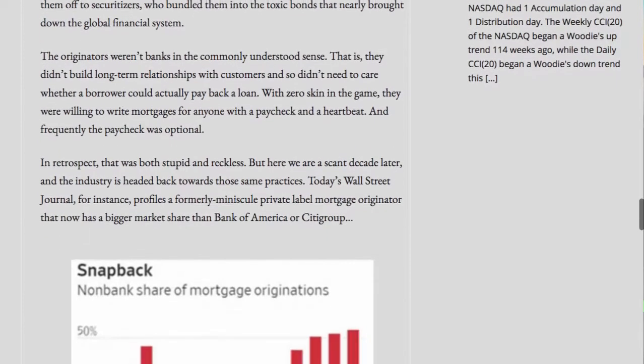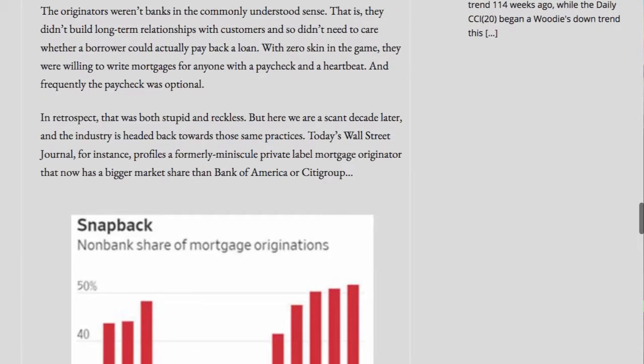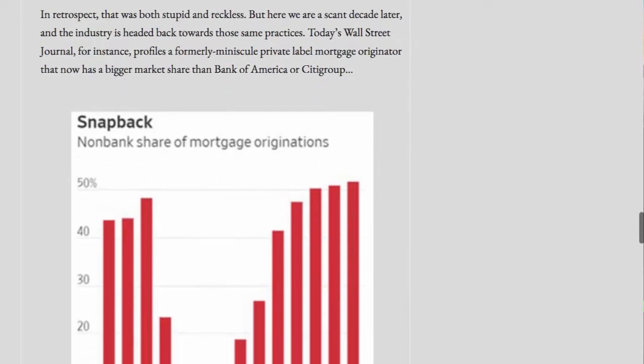The originators weren't banks in the commonly understood sense. That is, they didn't build long-term relationships with customers and so didn't need to care whether a borrower could actually pay back a loan. With zero skin in the game, they were willing to write mortgages for anyone with a paycheck and a heartbeat. And frequently, the paycheck was optional.